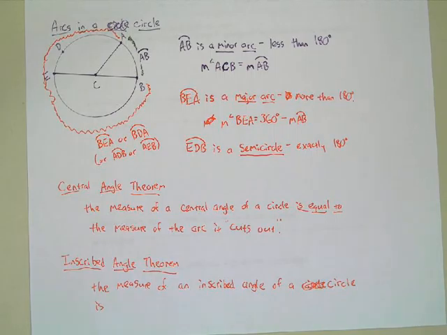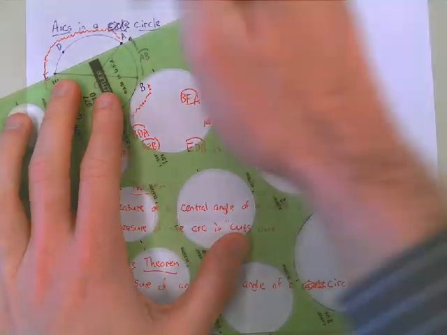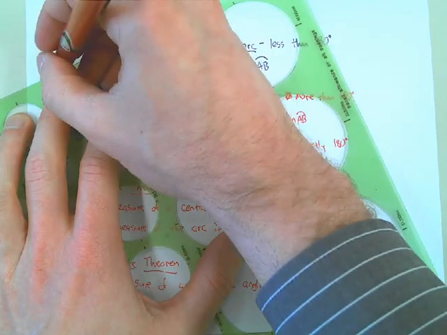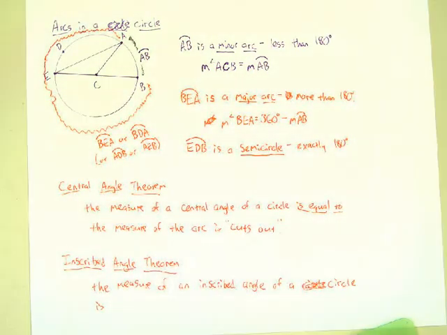So, we don't really have an inscribed angle here. Let me go ahead and draw. All right, so I'm going to draw in an inscribed angle here in my previous picture. So take a look, folks.